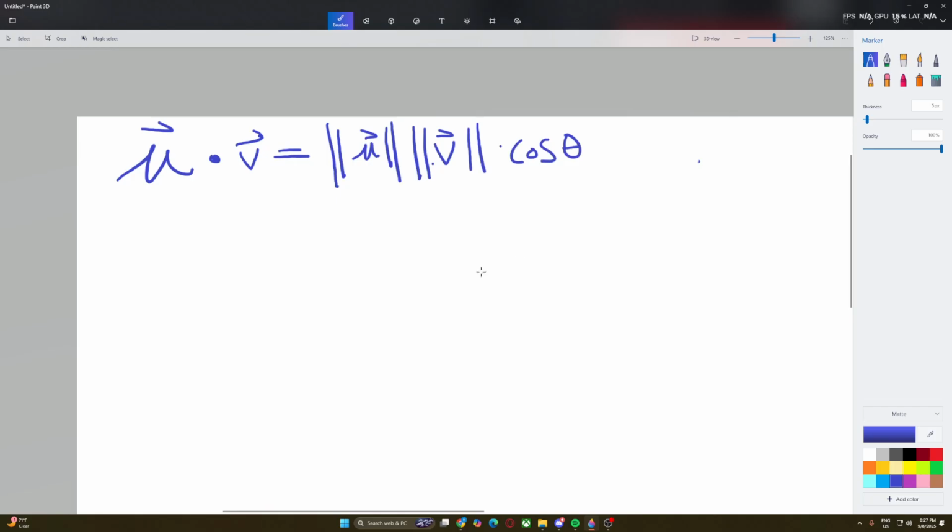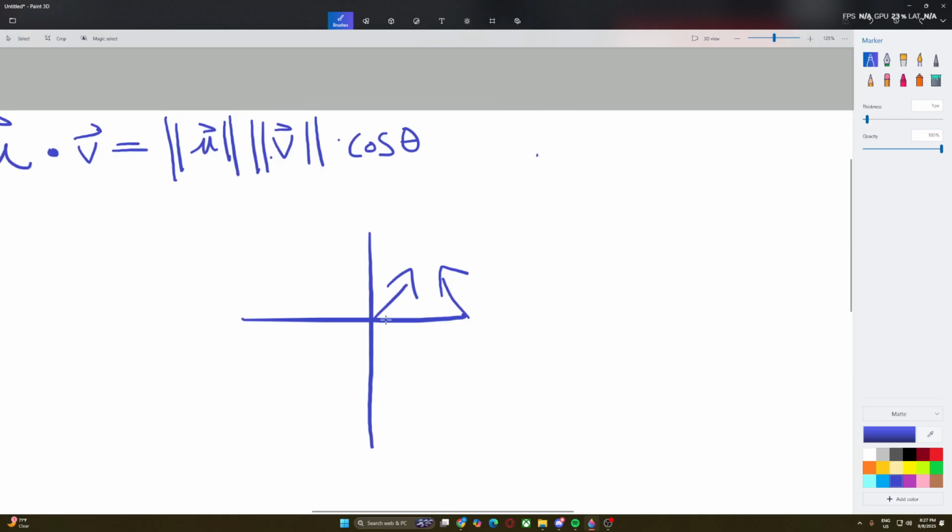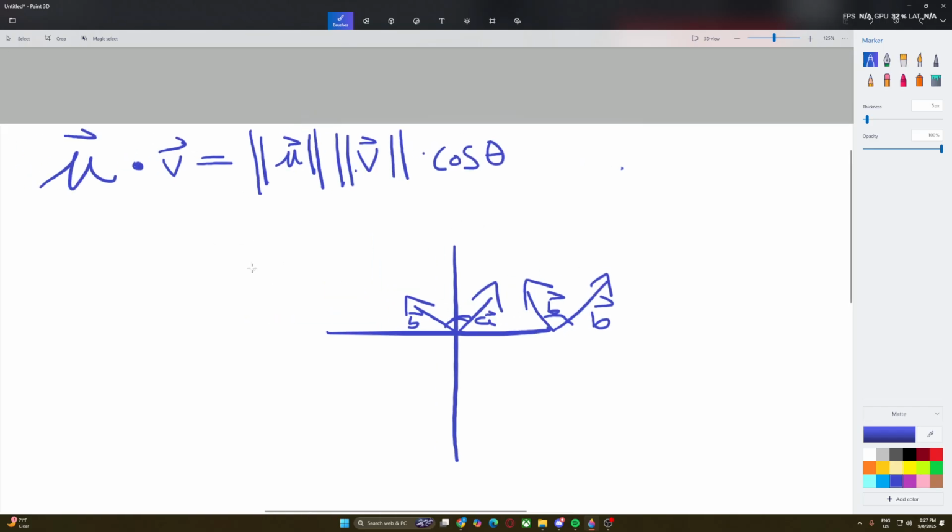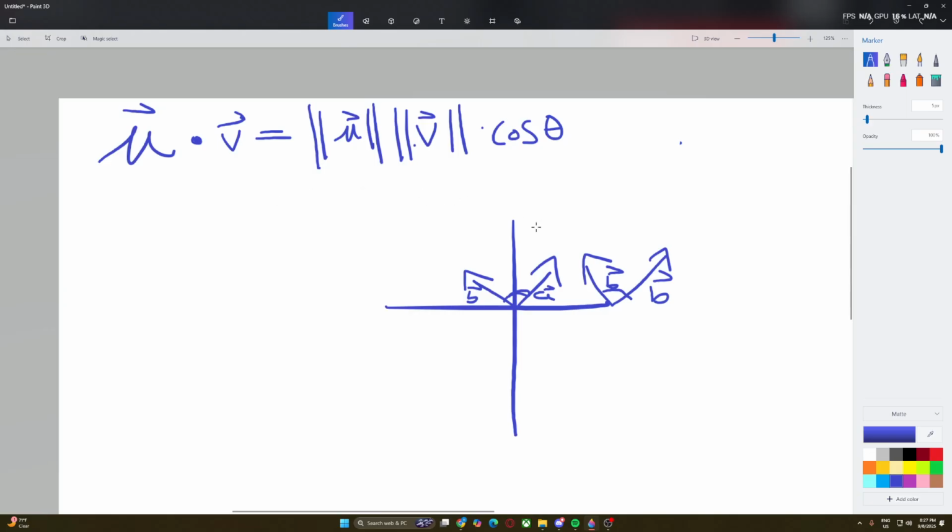Theta refers to the angle between the vectors: if I had two vectors like this, I could not get this angle unless I translate the vectors together, where this is A and this is B. This angle refers to the angle between the vectors when they're both initial point to initial point. So that is the dot product.